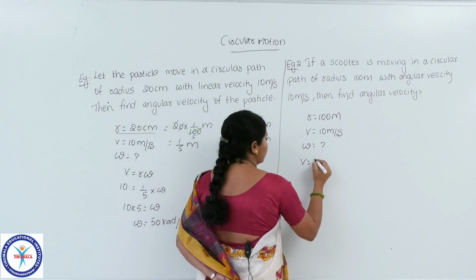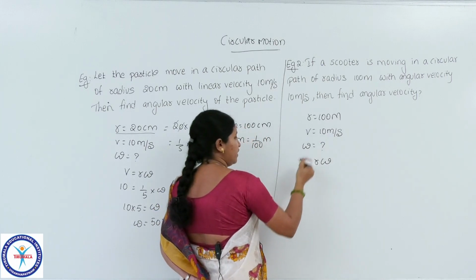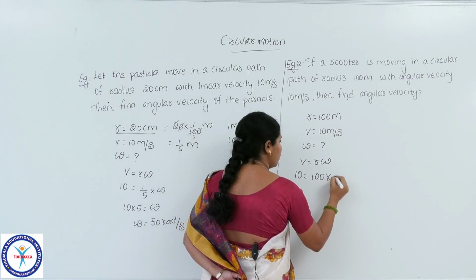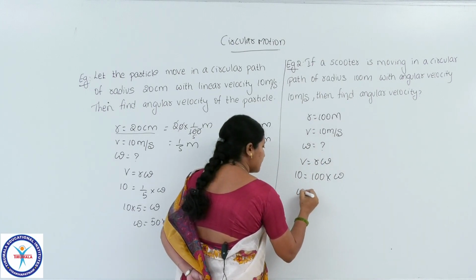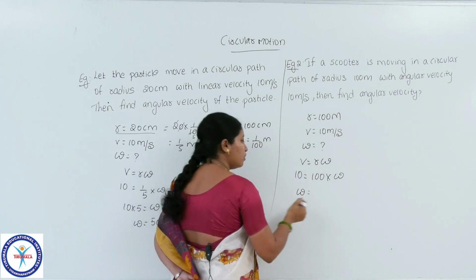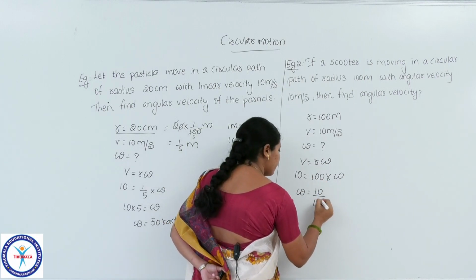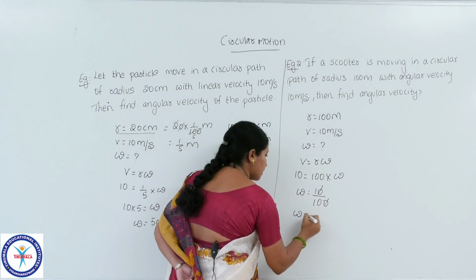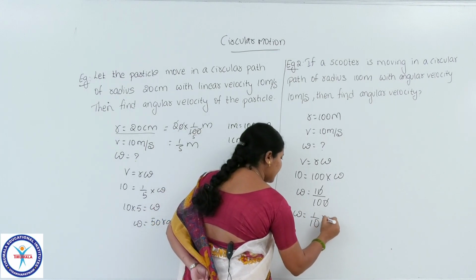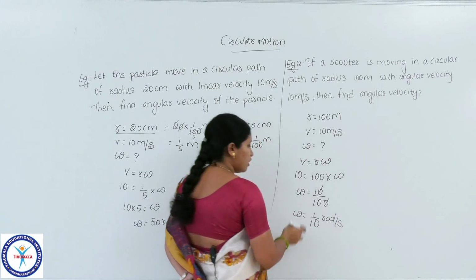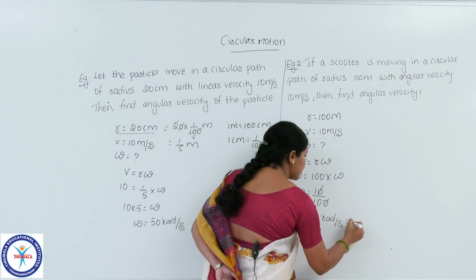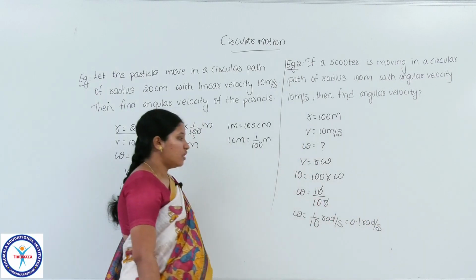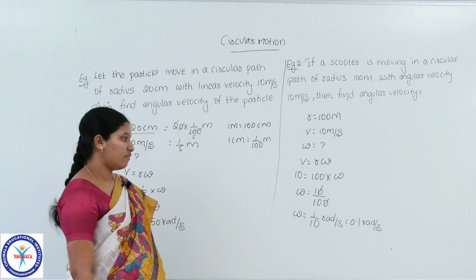V is equal to r omega. So V is equal to 10, r value is 100, into omega. So omega is equal to, transpose 100 to the LHS, 10 by 100. So 0 gets cancelled. Omega is equal to 1 by 10 radian per second. So we can also write 1 by 10 as 0.1 radian per second. So this is the angular velocity value.